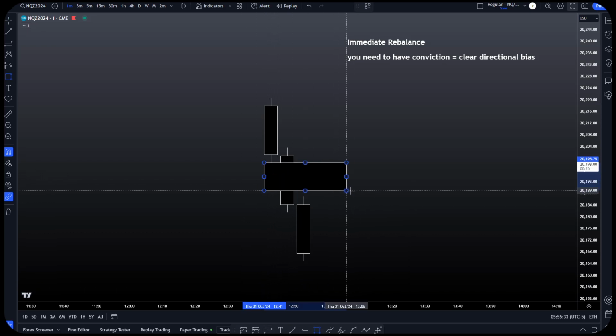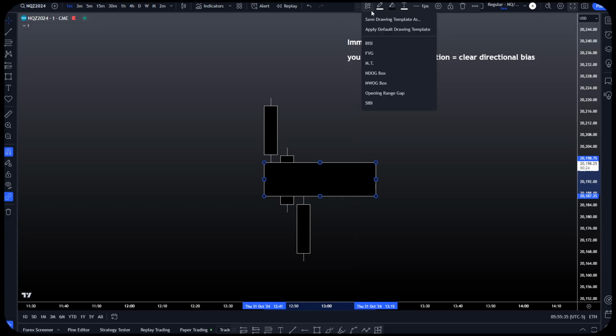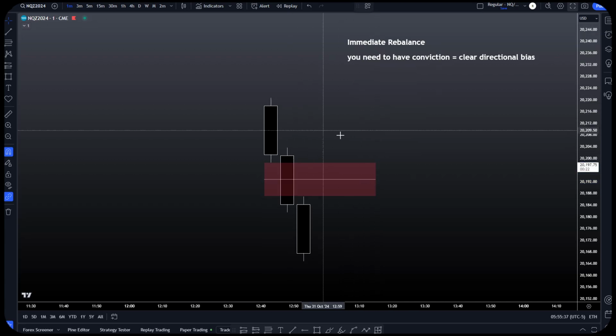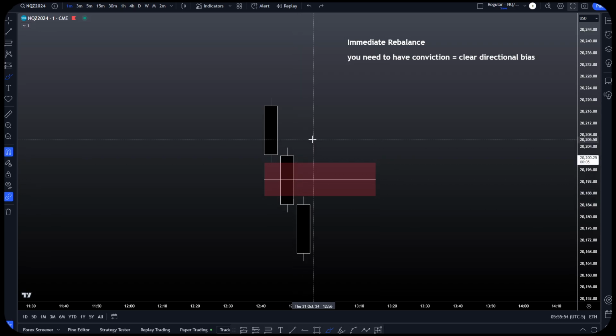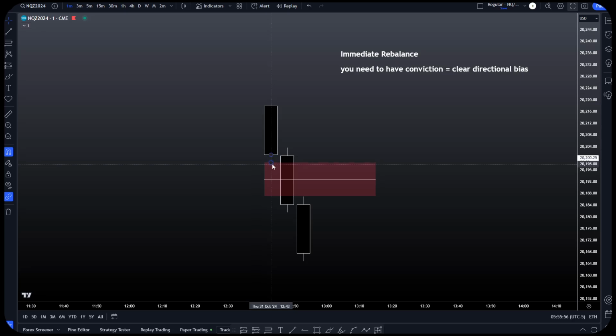It's the wicks leaving an imbalance between each other. So this wick and this wick do not touch each other, because the candle in the middle is a bigger one, and the wicks are just not pulling deep enough to give a balanced price action.